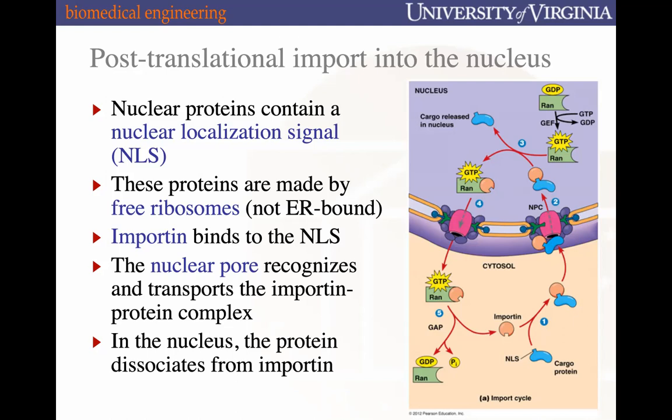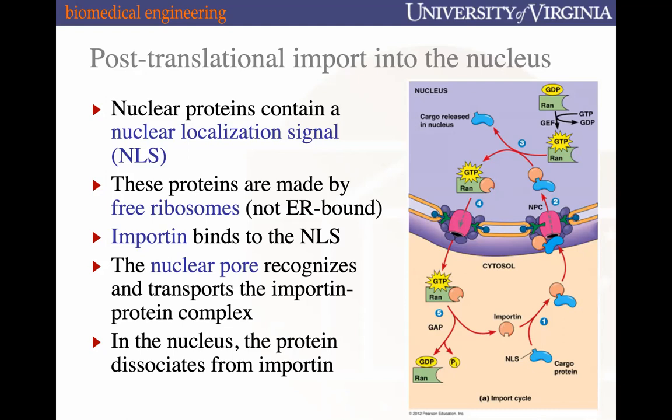So nuclear proteins that are going to be trafficked into the nucleus contain the nuclear localization signal. And everything that is going to be occurring across this transport is going to be regulated by concentration gradients.